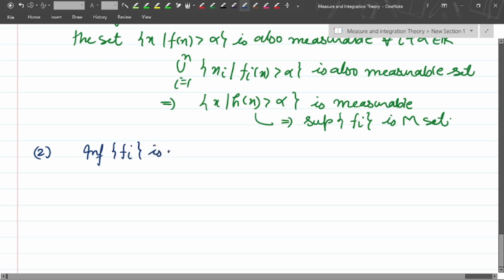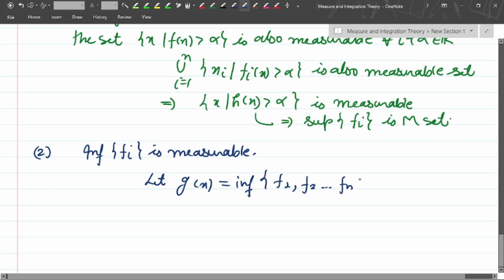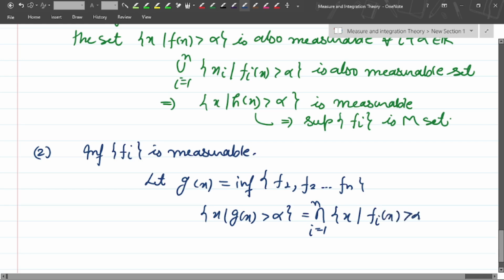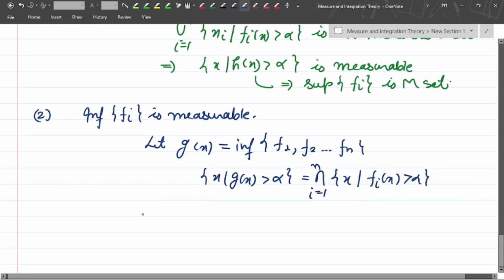Next, we take the infimum to show that the infimum of fi is measurable. Let g of x be the infimum of f1, f2 up to fn. So the set of x such that g of x is greater than alpha is equal to the intersection over i equals 1 to n of the sets of x such that fi of x is greater than alpha, for fi varying from 1 to n.